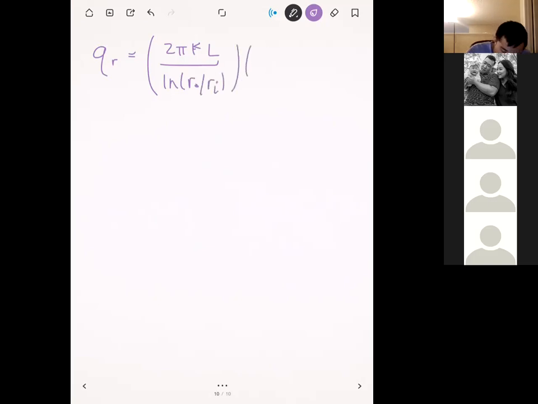And this is multiplied by (T_i minus T_o). Okay. And the reason I did this is to separate the temperature difference versus everything else.